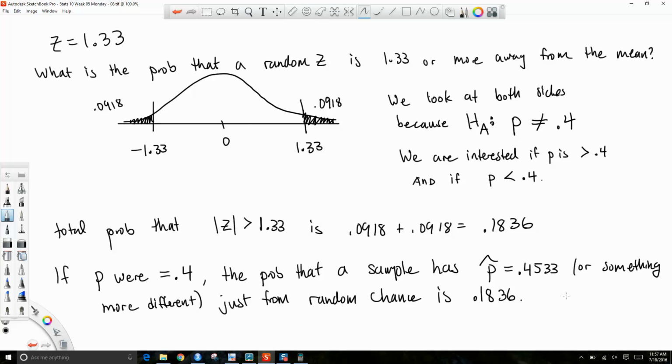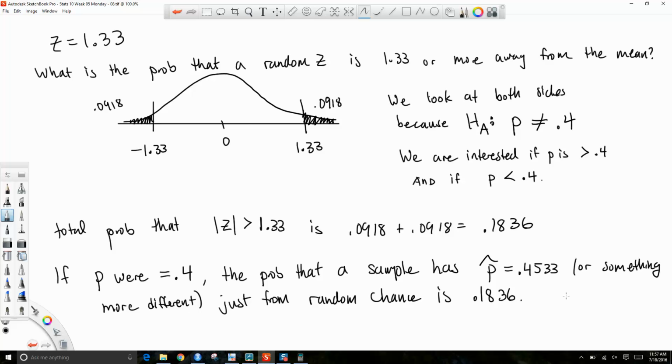And so I happen to get 45.33% of students living in apartments when I took a random sample. And so I can calculate the probability associated with that. And this thing is called a p-value, all right? And it says, well, the probability that just random chance alone will produce this kind of difference happens around 18% of the time, okay?